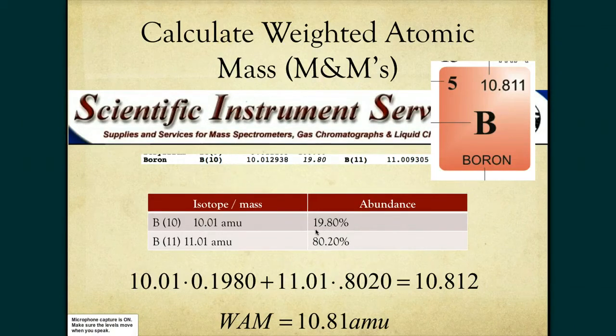The first thing you do is turn your percent into decimals by moving your decimal points twice, or dividing by 100, and then you take each mass multiplied by abundance and add all of them. Then you look at how many decimal places you have, because when you add, that's what you pay attention to. So decimal places, 2, my answer has 2, I'm good.